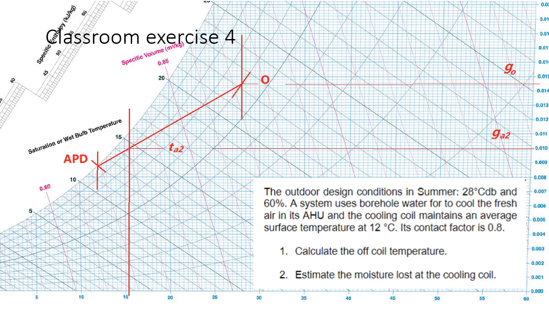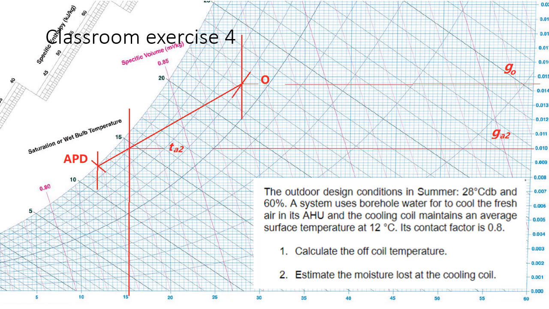So therefore, if we draw a line joining the O and the ADP, this line meets another vertical line representing the 15.5, which is off coil. Remember the TA2, and the meeting point. This point represents the state of the off coil air.